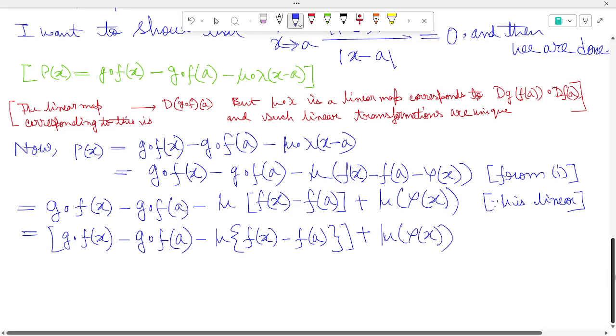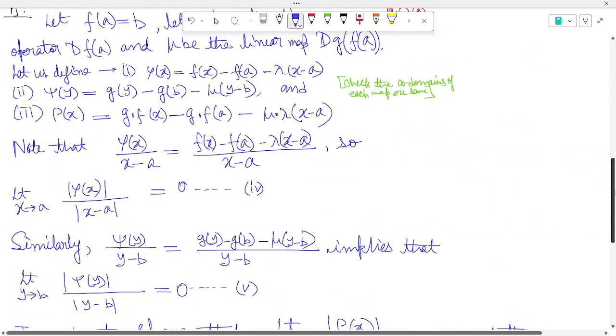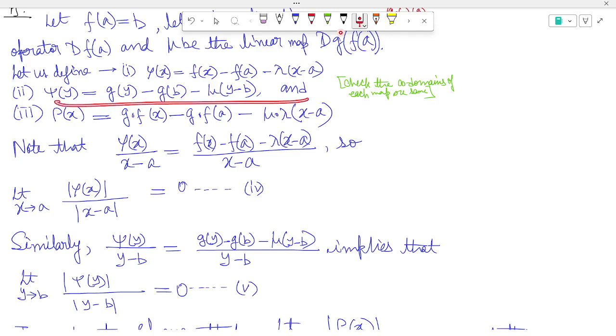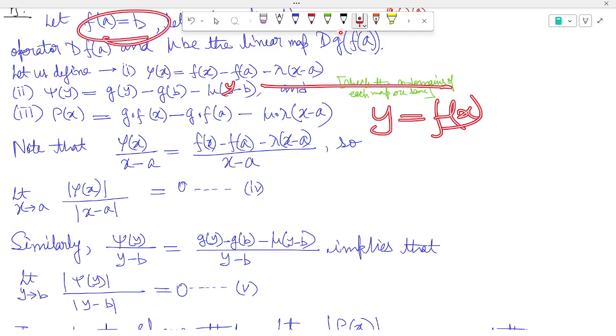Okay. So I have already defined what this is. This is this thing. Sorry, extremely sorry. This is this thing, right? So if you take y equal to, in particular, fx, and v I have defined is fa.